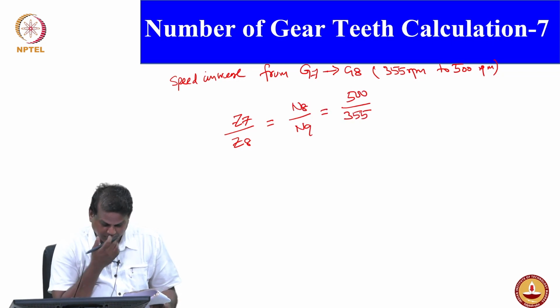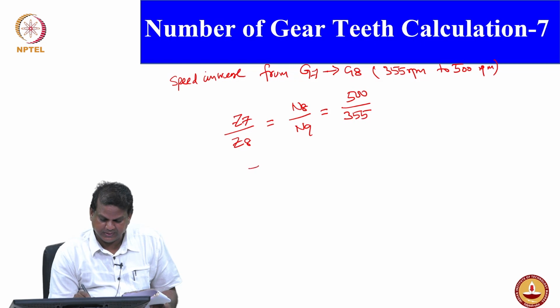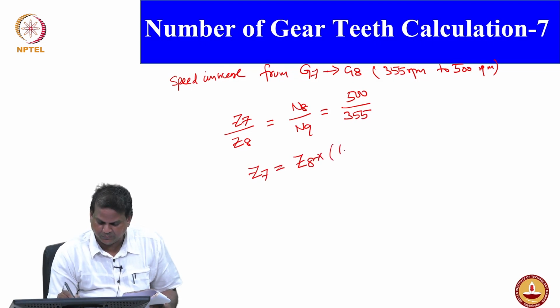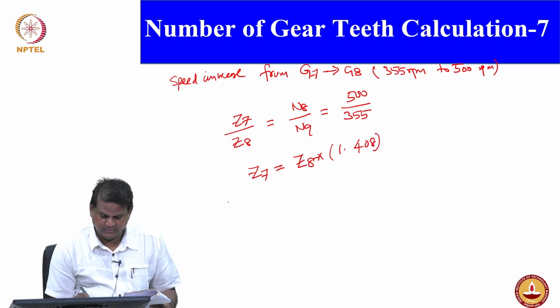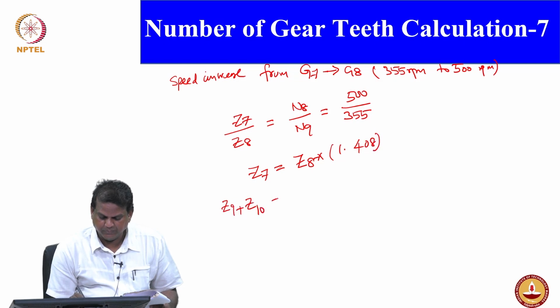If you want to identify Z7 in terms of Z8, the value is 1.408. And referring to your center distance, Z9 plus Z10 must be equal to Z7 plus Z8.